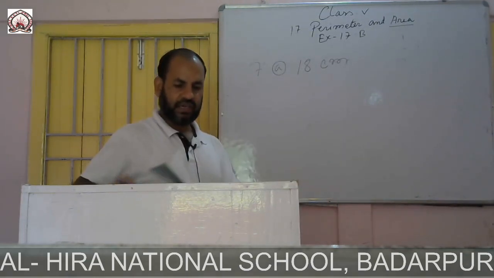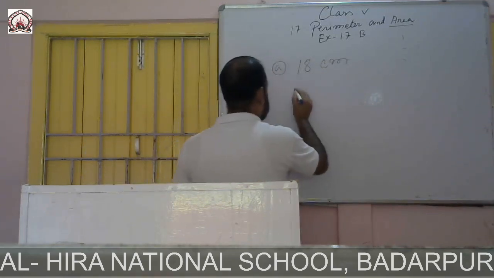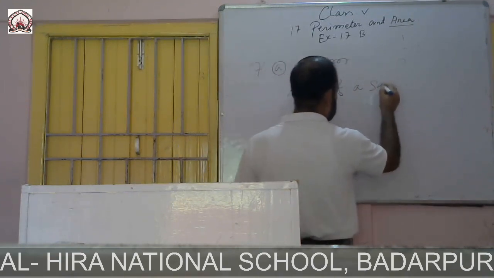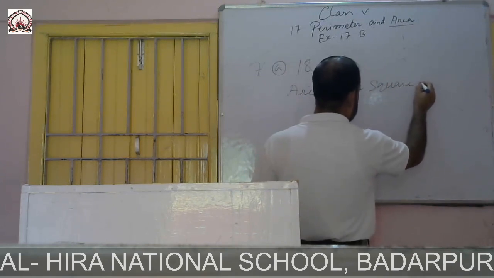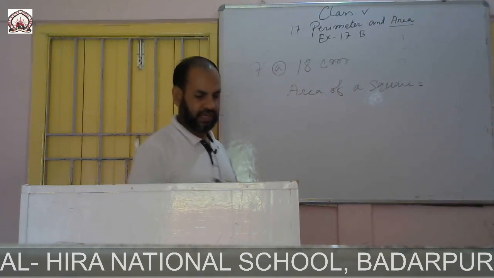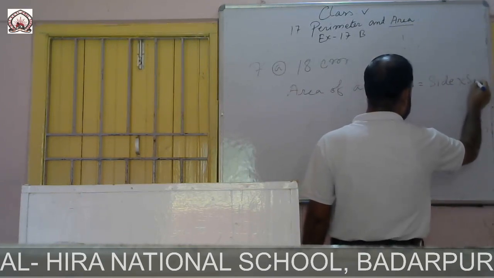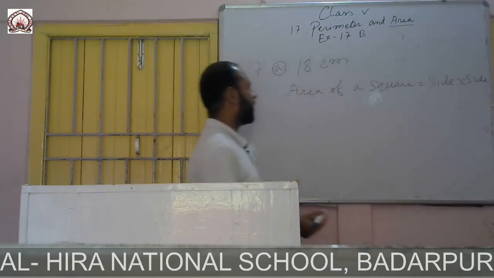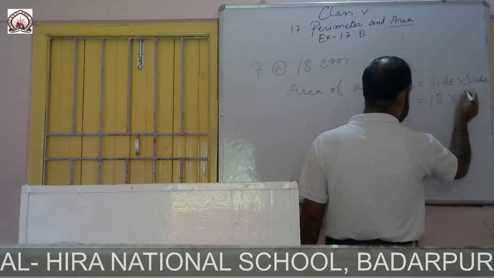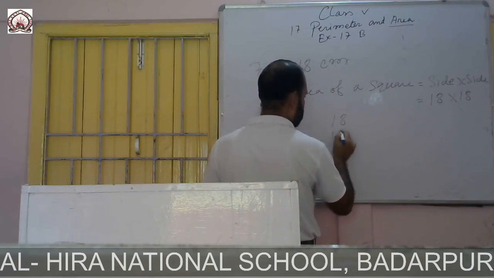So we know area of a square equal to side into side. So here 18 into 18. So we multiply 18 into 18.